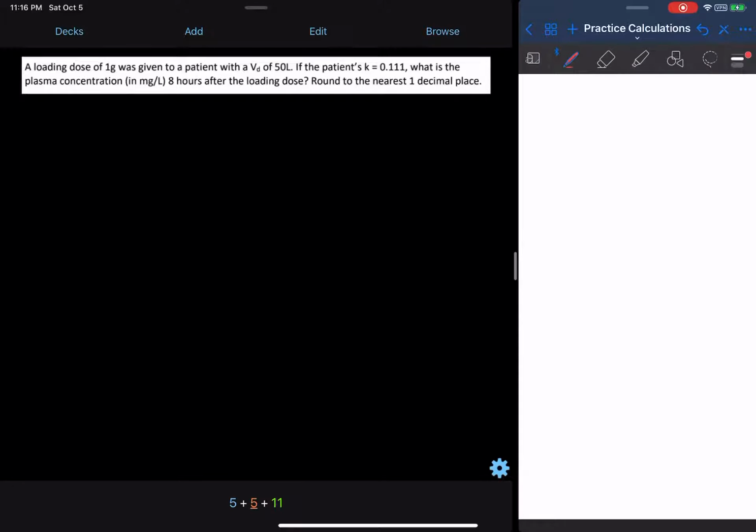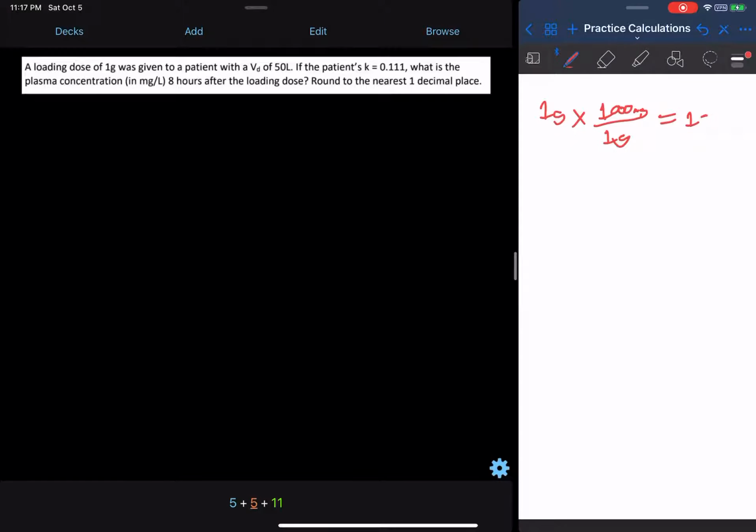50 liters. I don't think I've done this problem yet. So what is the plasma concentration? Okay, so 1 gram is equal to 1,000 milligrams.